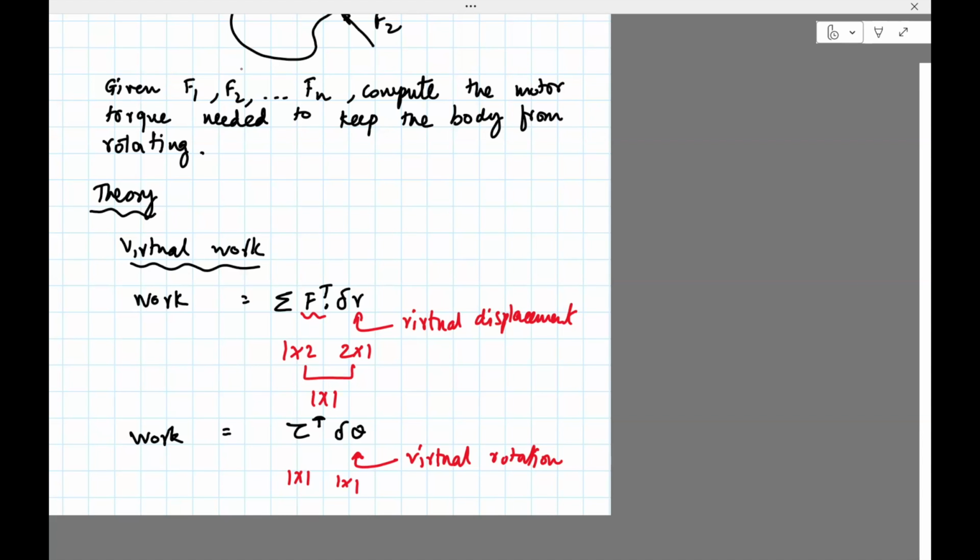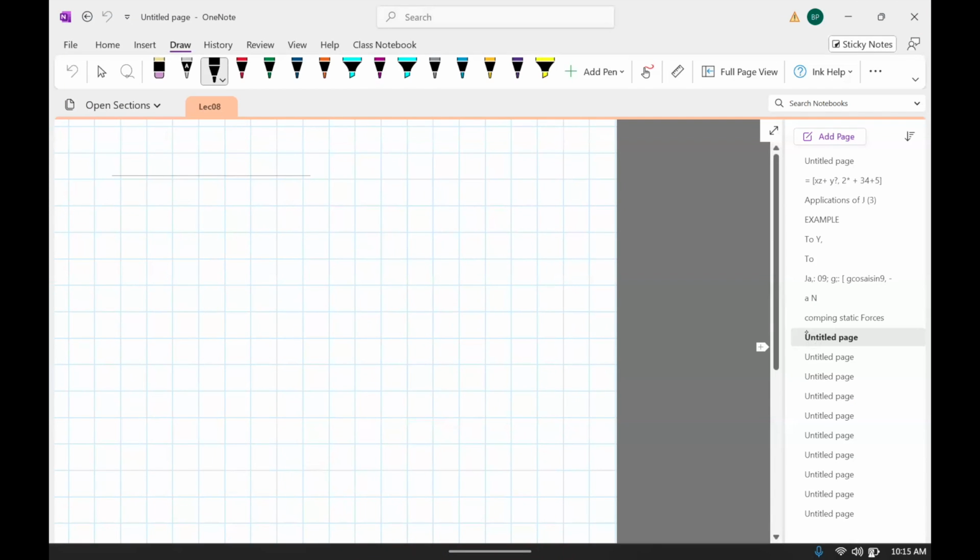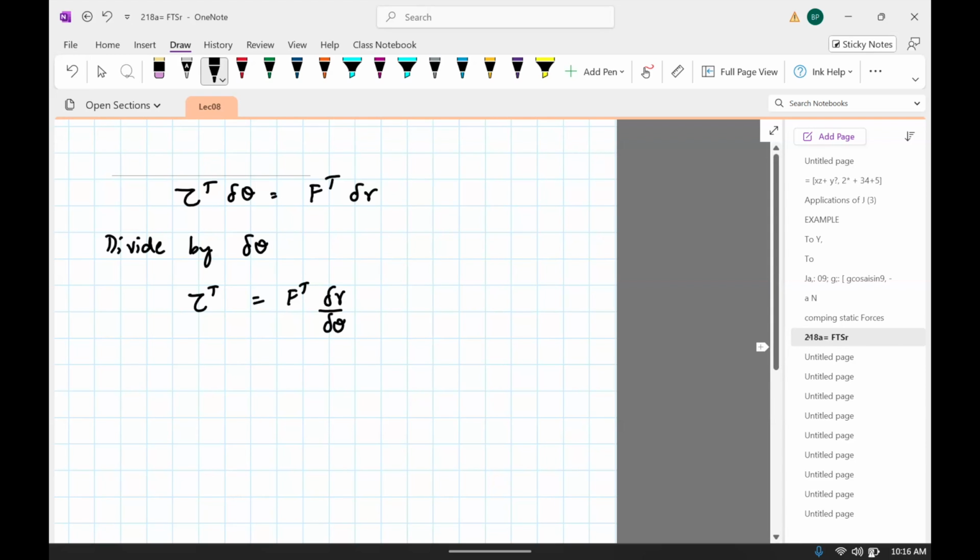So equating these works together, we can write tau transpose d theta is F transpose dr, divided by d theta. So we have tau transpose equals F transpose dr/d theta.